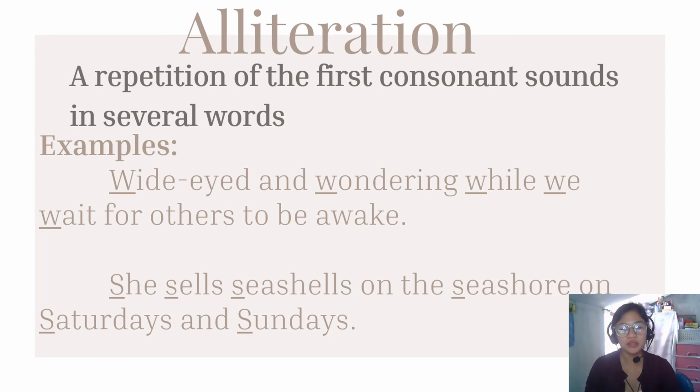So this is what we call alliteration, because there is a first consonant sound that is being repeated in several words inside the sentence. Next example is, "She sells seashells on the seashore on Saturdays and Sundays."